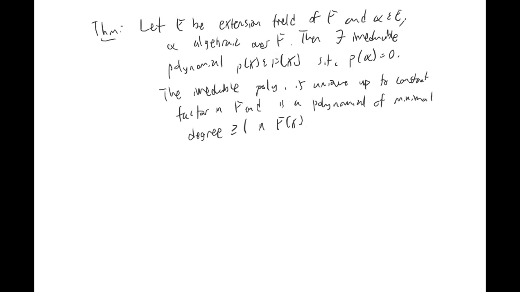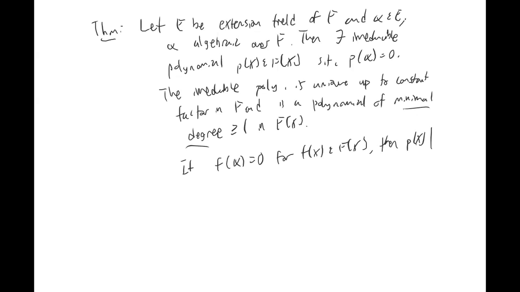So there's a smallest one that has alpha as a root. That's what the minimal degree is. So what do you mean by minimal? Well, if f of alpha is 0 for f of x in F of x, then P of x divides it.